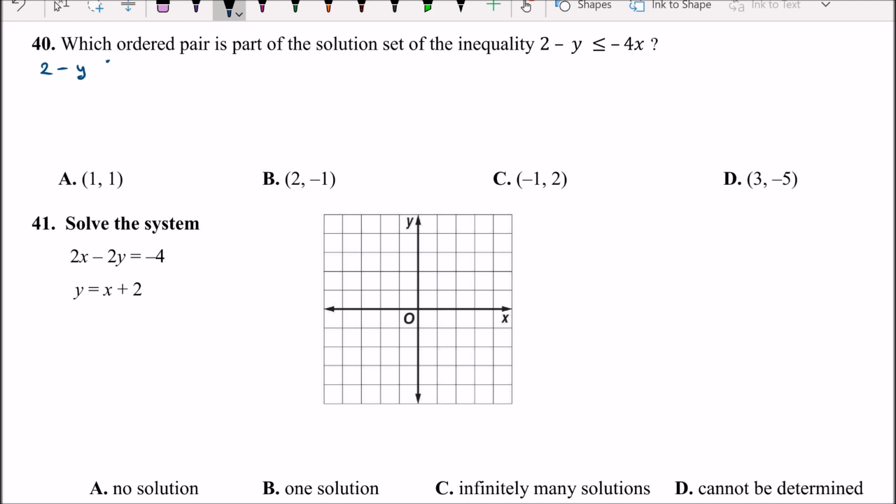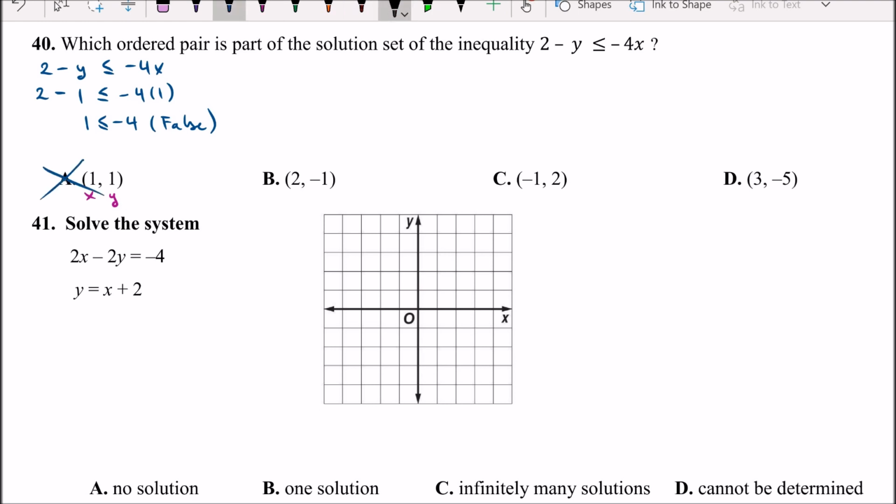Point A, this is x, this is y. 2 minus y is 2 minus 1, which is 1, less than or equal to negative 4 times 1, which is negative 4. This is a false statement because 1 is not less than negative 4. So A is not the answer.